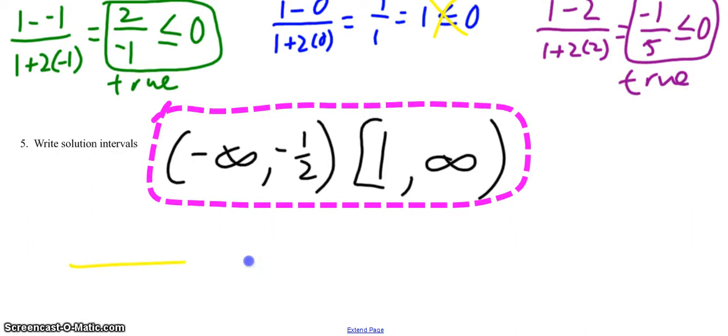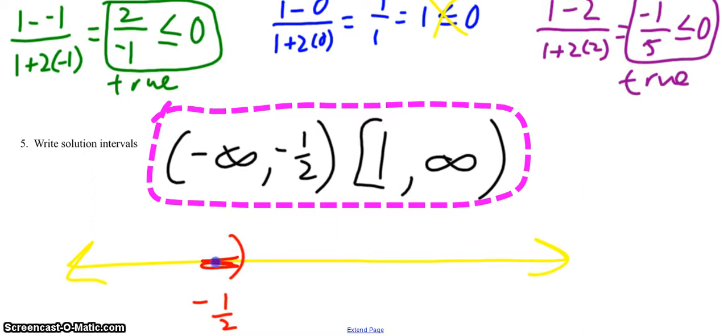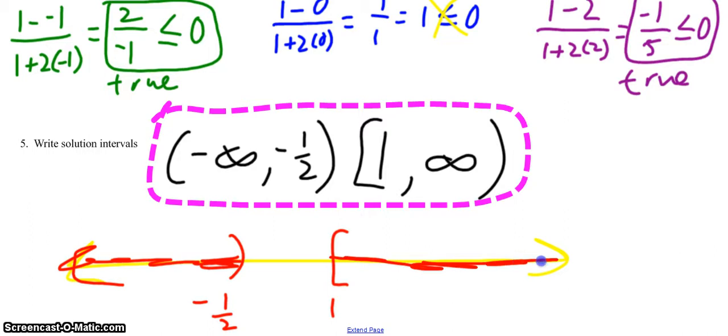If we wanted to graph this, put a negative 1/2 with a parenthesis and shade to the left. Put a 1 with a bracket and shade to the right. And remember, when I say graph this, we're not actually graphing the inequality, we're graphing the solutions. It's different.